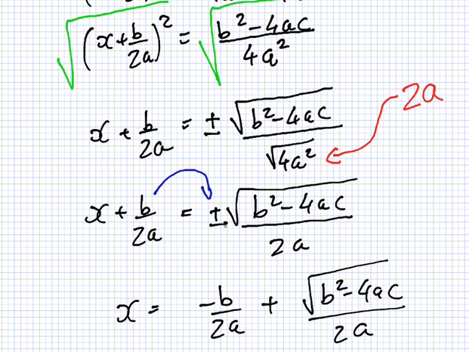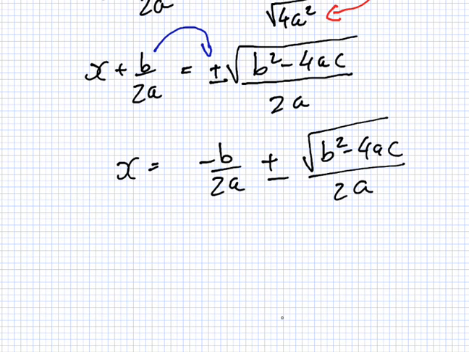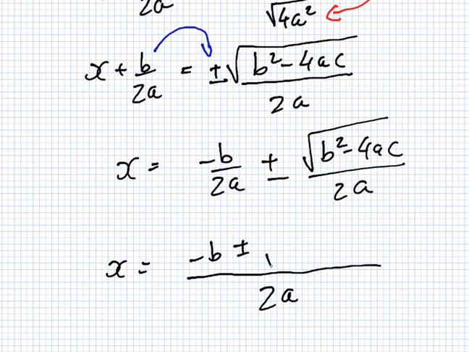Okay. And then Sohi, what should I do next? Yeah, combine them together. So I have x equals minus b plus or minus square root of b squared minus 4ac, all over 2a.